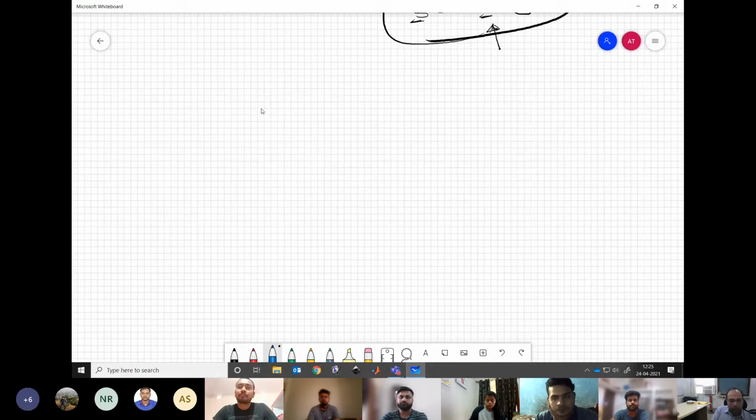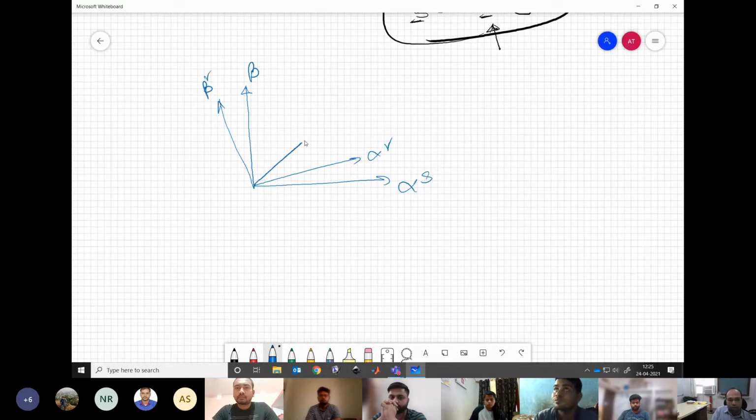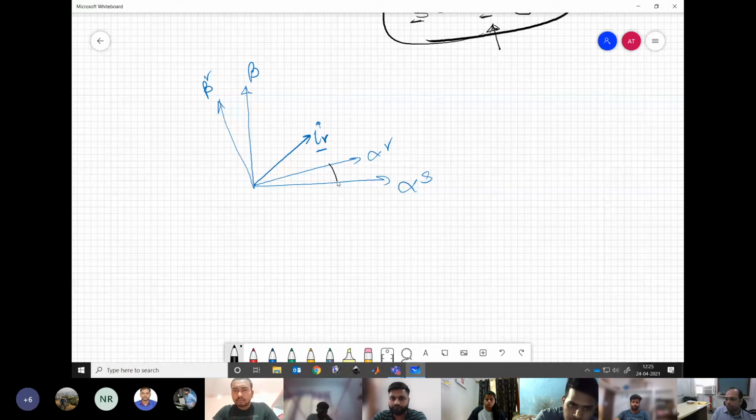So again, we have the alpha s, beta s, we have the alpha r and beta r, and we have the IR vector. So in which reference frame the IR is defined? Rotor reference frame. Yes, rotor reference frame. Now if I want to write IR in the stator reference frame, what I will do?